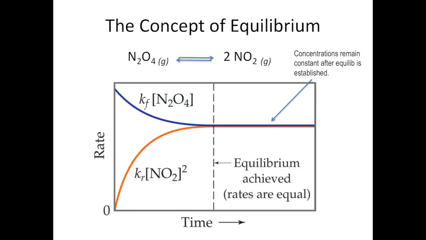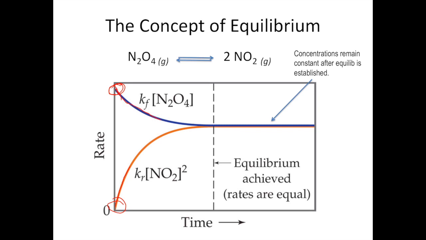Okay. So here is an example. You have N2O4 going to NO2. That's your initial point here for N2O4, and we don't have any products, so there's no rate of that going backwards. So the forward rate starts at some number, and it starts going really quickly. As your reactants start to react, now your products start to build because you've created more, and so their rate of reaction moving backwards is going to start to increase.